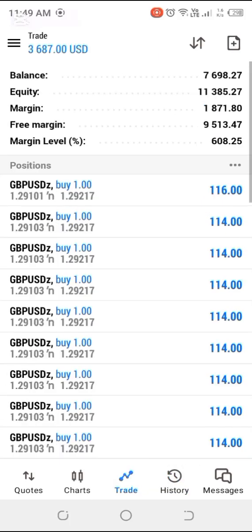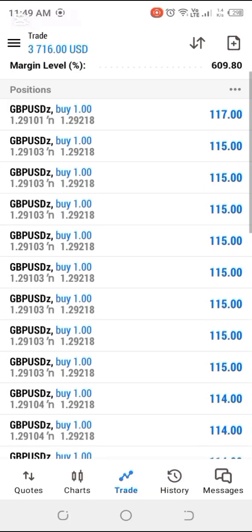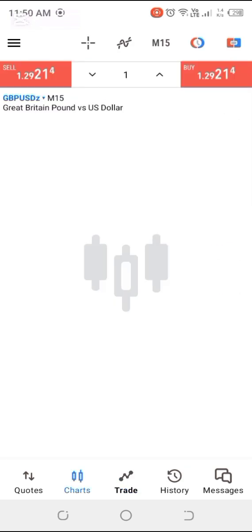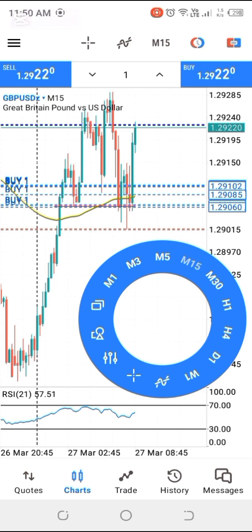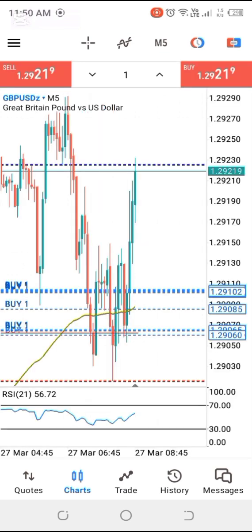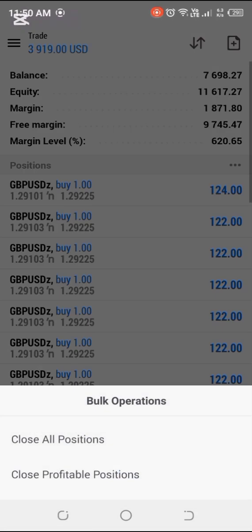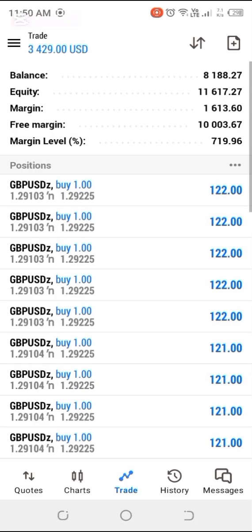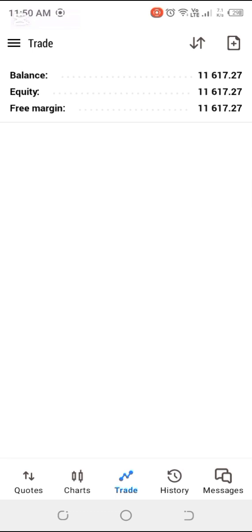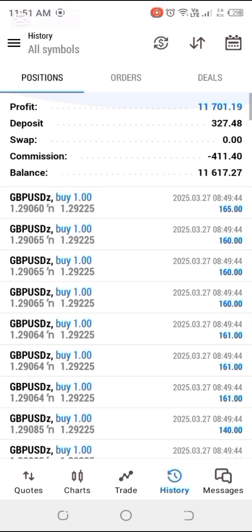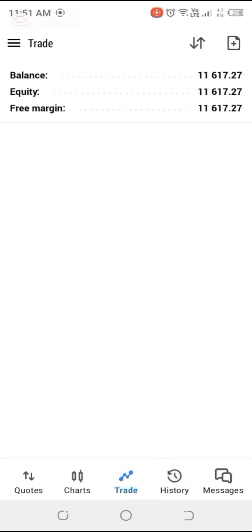So this was the initial balance. So now I'll close the running profit, 3,716, because our take profit level has been hit successfully. So that brings the account to 11,617 from 327.